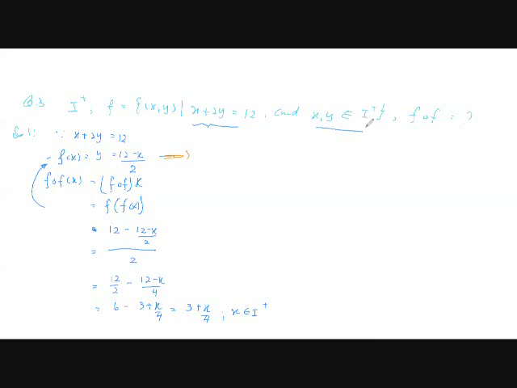Positive integers mean what? It can start from 2, right? Positive integers 2, 4, 6, 8, 10, and so on. But in this case, we can have only up to where it is equal to 12.